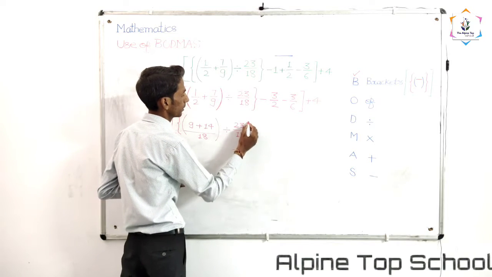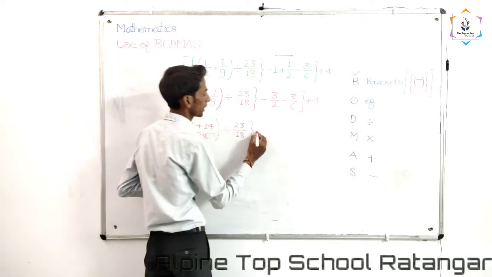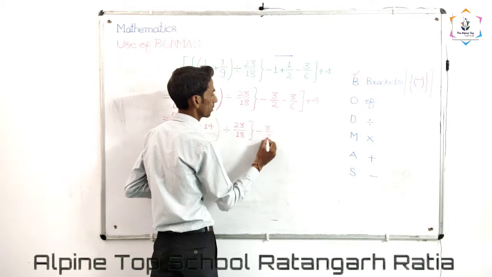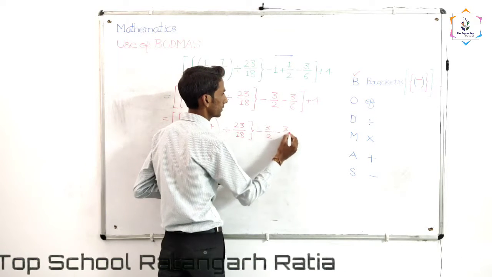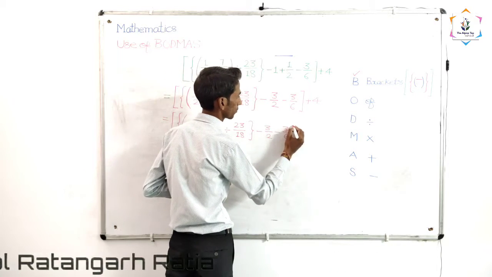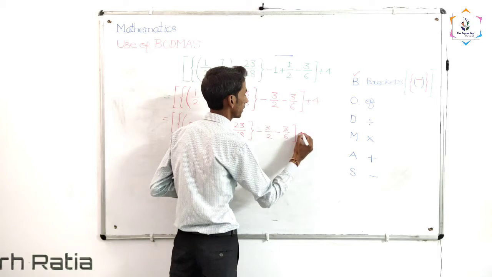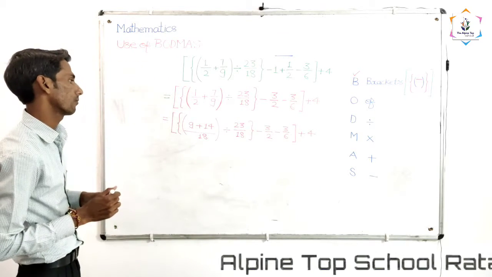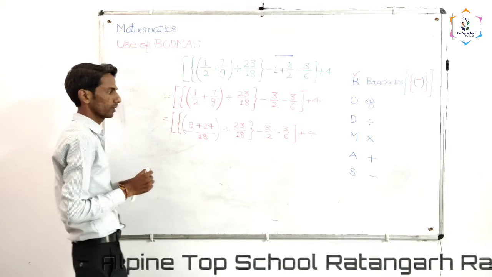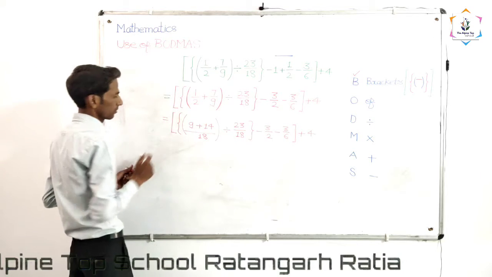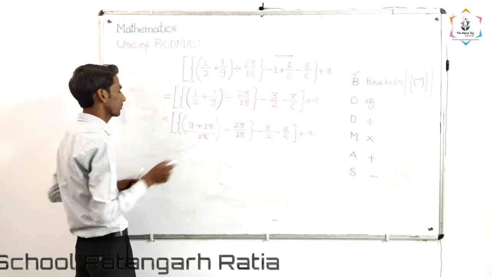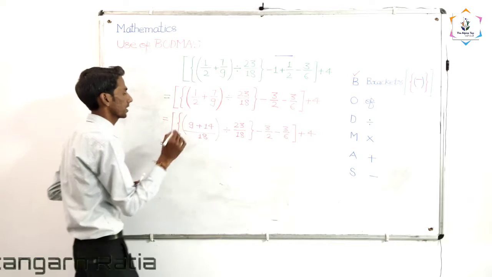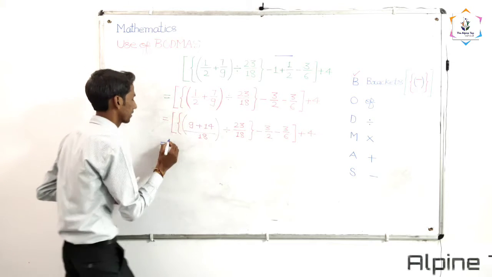The other numbers I have to note the same without any change, because in the beginning of this particular topic I have already told you, in one step you have to solve only one symbol. Okay, now see in the next step what we are going to do, because still I am focusing on the small brackets.